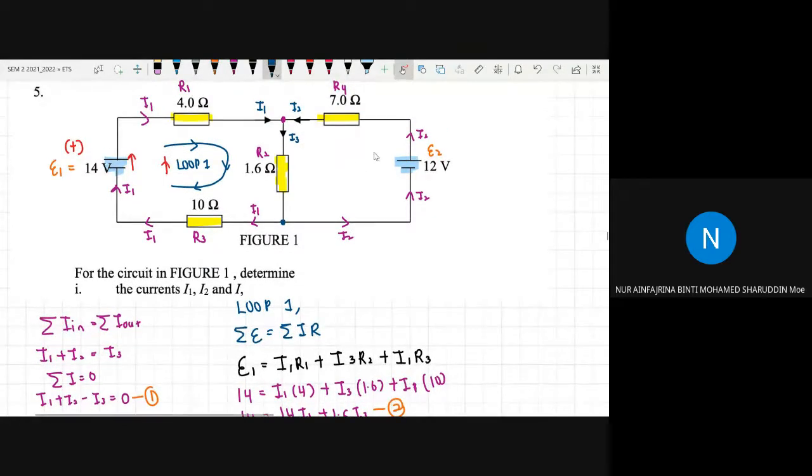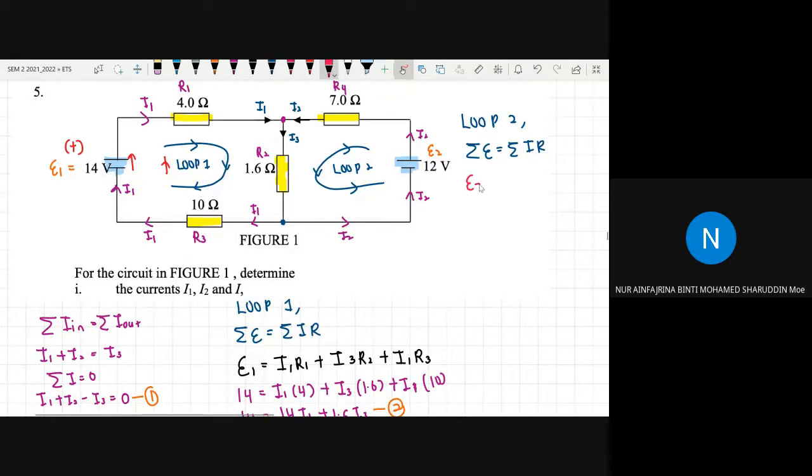Okay, sekarang jom tengok untuk loop 2. So loop 2 ni Miss nak lukis clockwise ke anti-clockwise? Anti. Okay, very good. So Miss akan lukis anti-clockwise. So this is loop 2. Sama juga tulislah formula summation of EMF equals to summation of IR. Okay, tengok loop 2 pun sama.